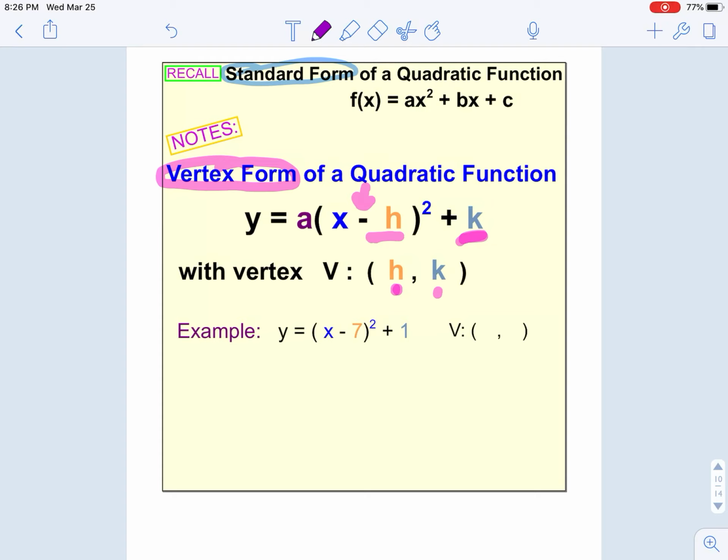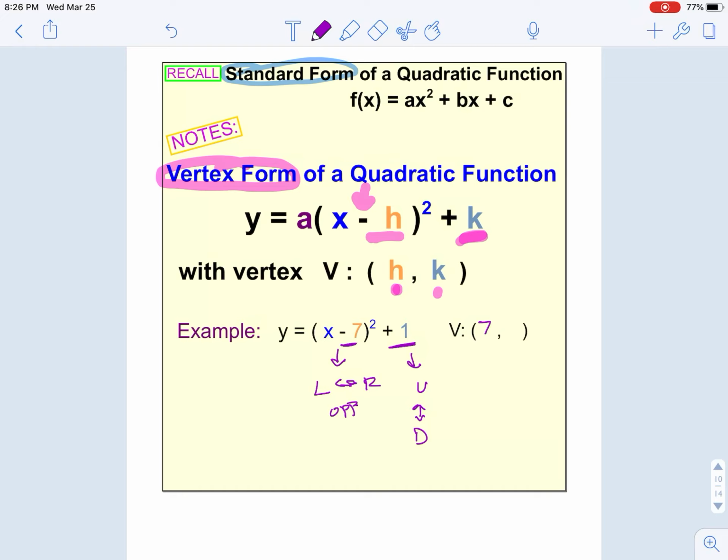So if I give you a nice easy one like this, you say, okay, inside the parentheses, that is left and right. Outside the parentheses is up and down. This is going left and right, and this one always goes with the opposite of what I think. So I think that instead of going -7, this thing is going to move 7 to the right, and you'd be correct.